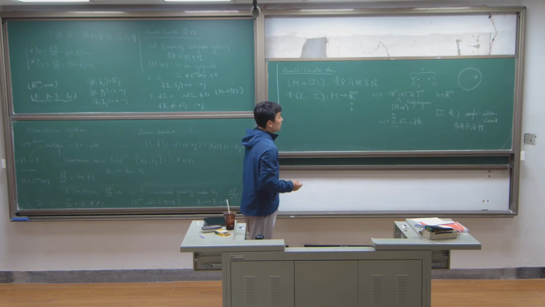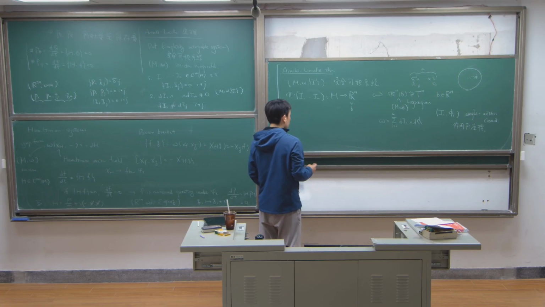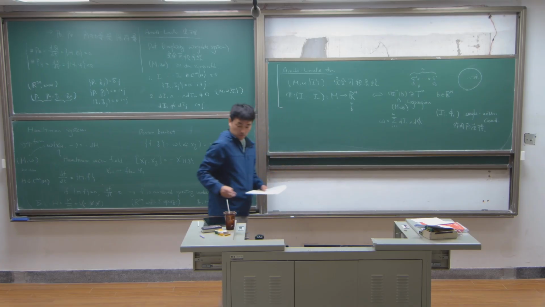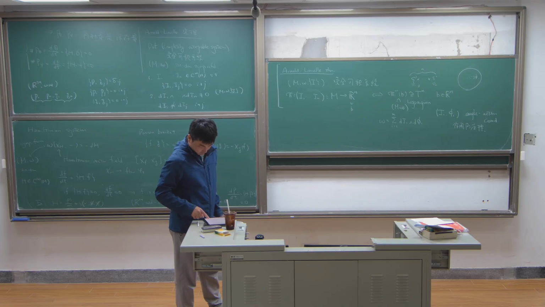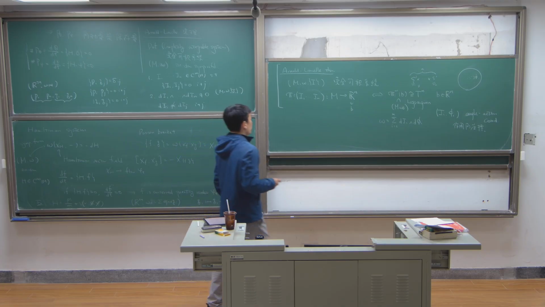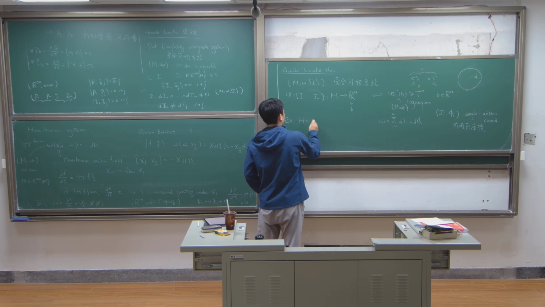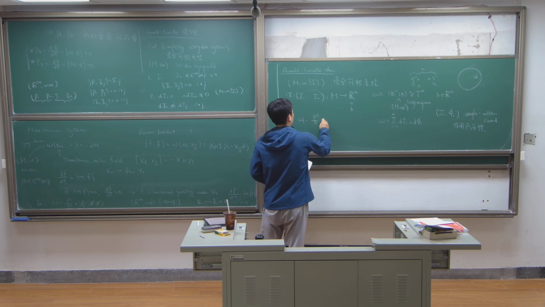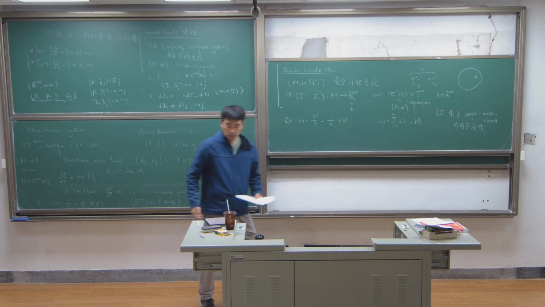Therefore, if you use this, let me give you an example. Let's consider the Hamiltonian, which is p squared over 2, a 谐振子.